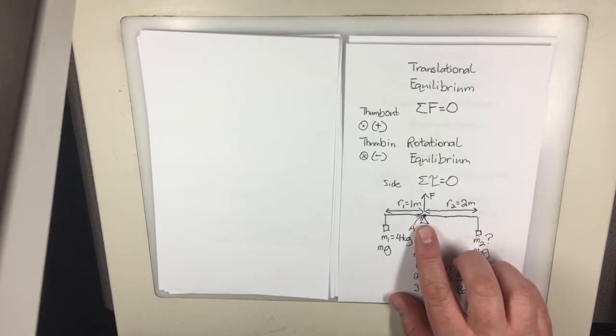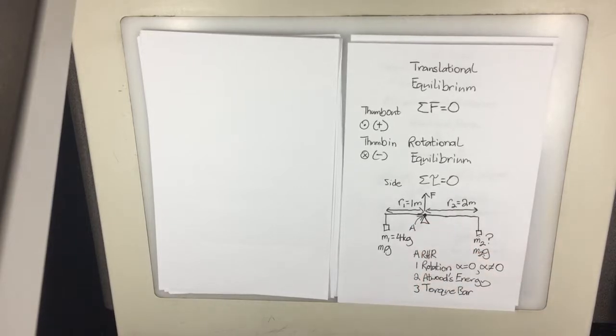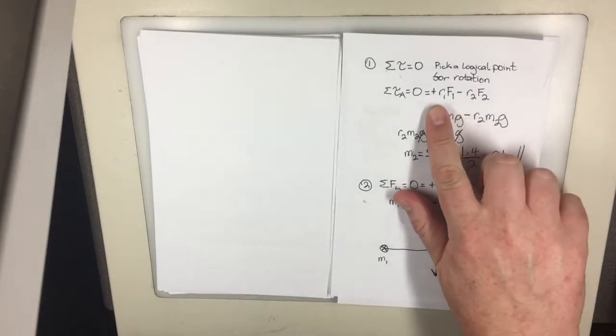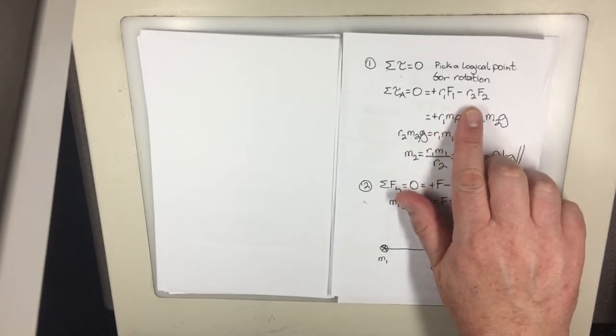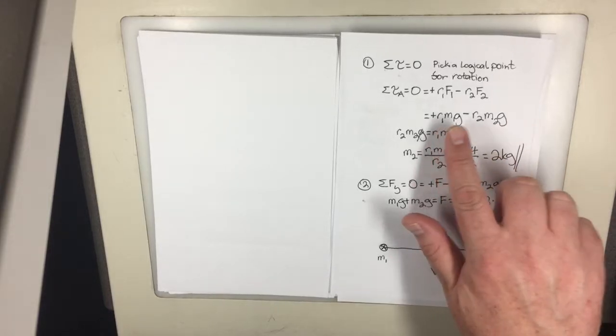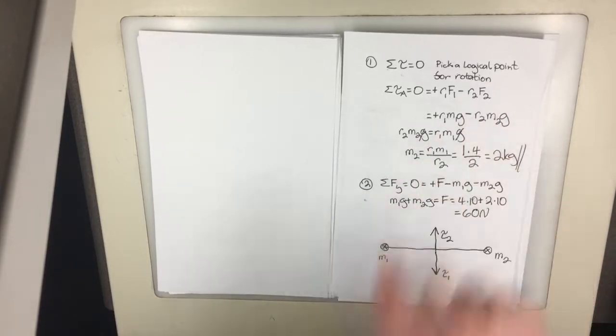I chose A to be at the fulcrum. So we've got M1G and M2G, why was there no F in that particular equation? Why did I not consider the normal force from the fulcrum onto the bar at that pivot point?